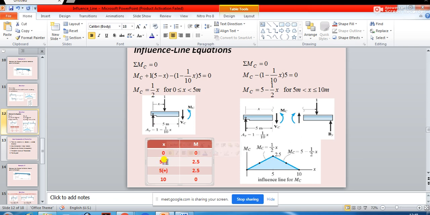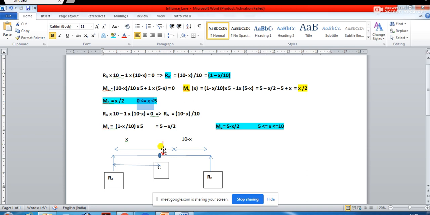It means the load is just left of C. 5 minus means it hasn't reached 5, but it is very near to C. And when this load is just crossing and going just right of it, it will be x equal to 5 plus.